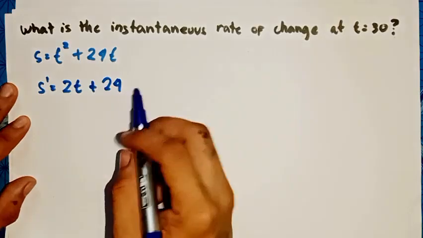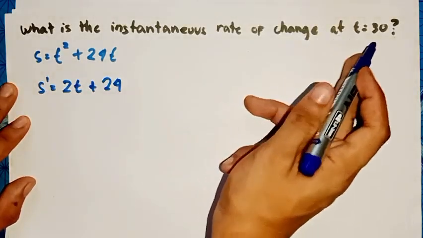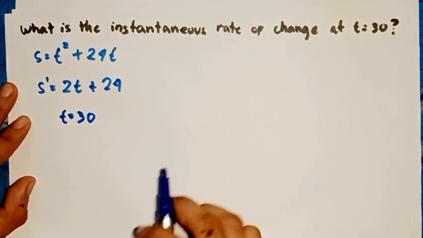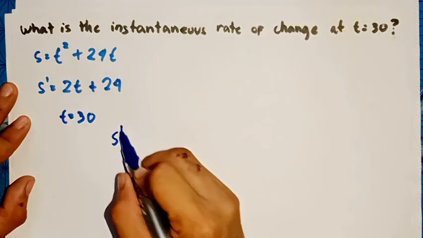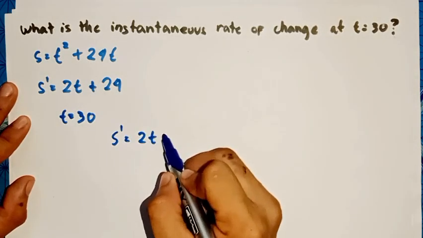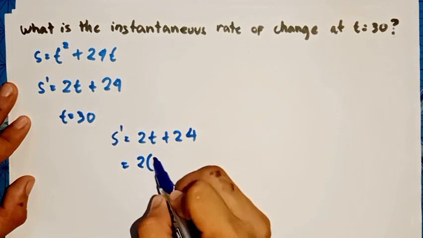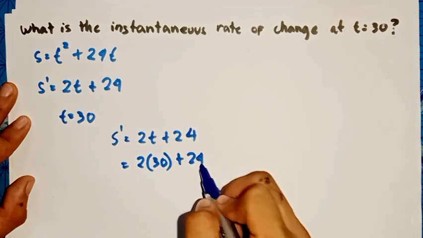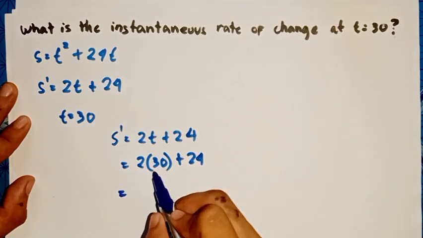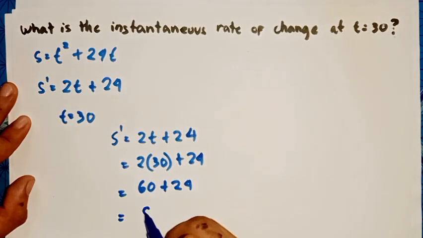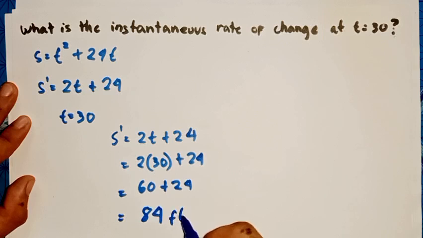Now, since the instantaneous rate of change is at t is equal to 30, just substitute the value of t, which is 30. So, s prime is equal to 2t plus 24, which is 2 times 30 plus 24. 2 times 30, we have 60 plus 24. We have 84 feet per second.